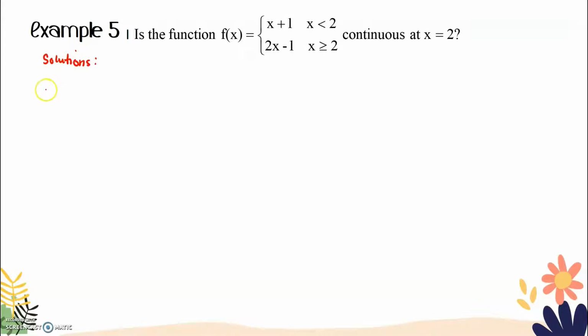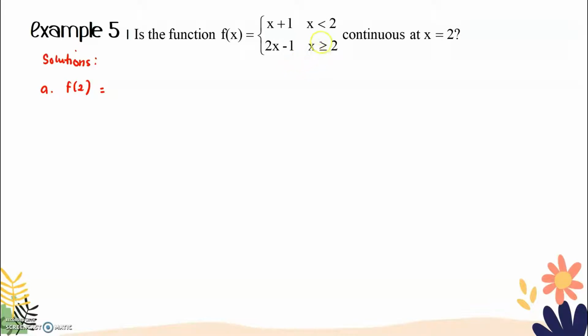First condition, let's solve for f of 2. Take note that we are given a piecewise function, so you have to be very careful which piece of the function you will use to evaluate f of 2.